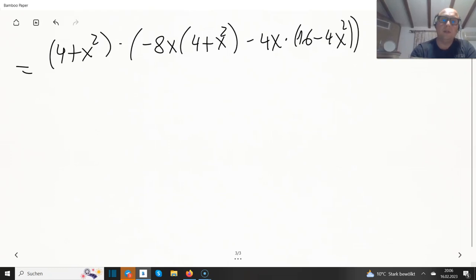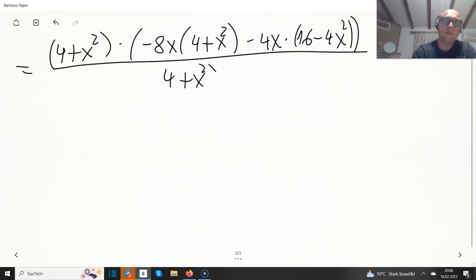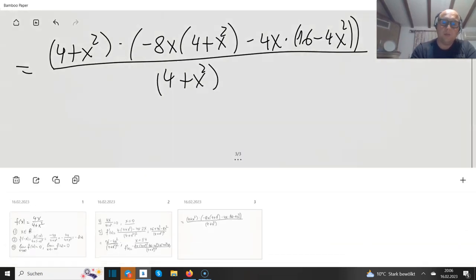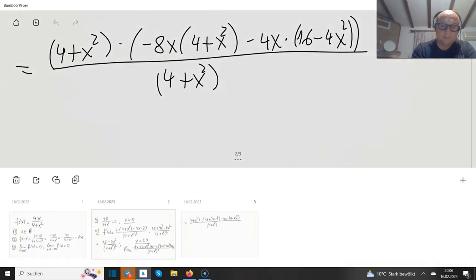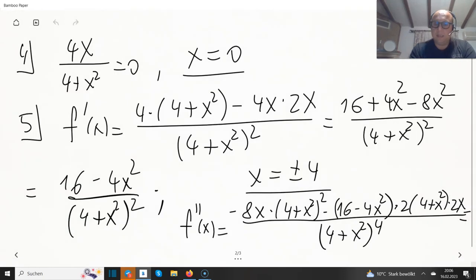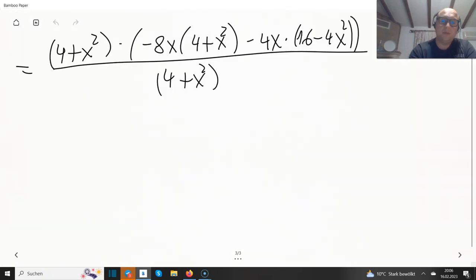Close the parentheses here again, divided over 4 plus x squared. I think it was to the power of 4 if I'm right. It is, so we just write cubed and 1 more 4 plus x squared, that's it.